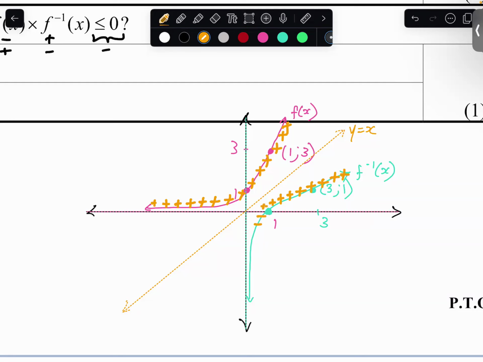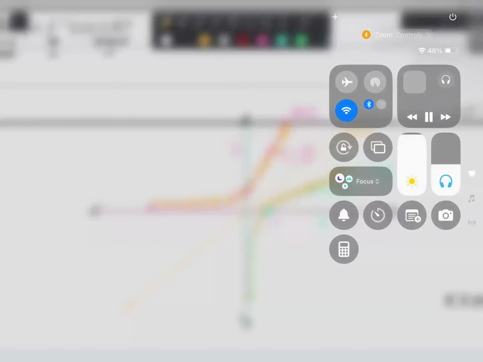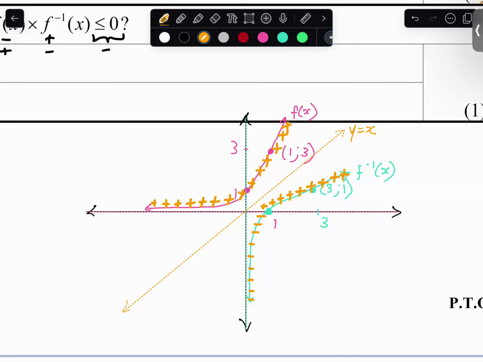And then it's below here, right? At this point, we need to see the change in signs. The only place that the signs change is here. So I'm going to draw a line on that. All right, that line is at x is equal to 1.